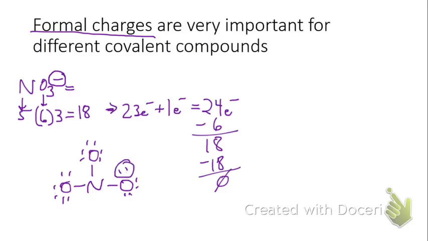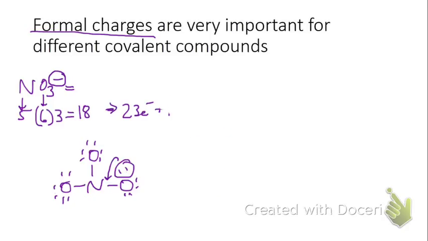So let's take this pair and make it a double bond to complete the octet. We're going to erase our bookkeeping and just draw this up here. So we have this.